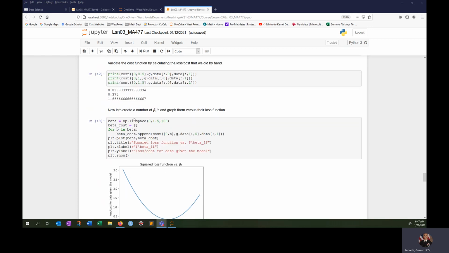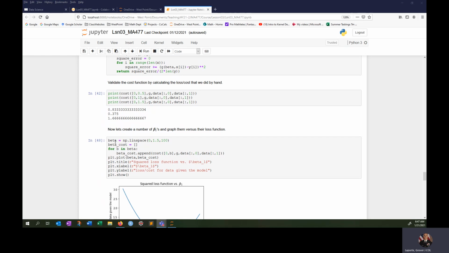I can create a bunch of different beta 1s using NumPy's capability here, and then ask what is the loss or the cost for each one of those betas? And that's all we're doing here. We're doing the same thing, except I'm not using the arbitrary 0.5, 1, and 1.5. I'm using the betas in between 0 and 1.5 and substituting those in.